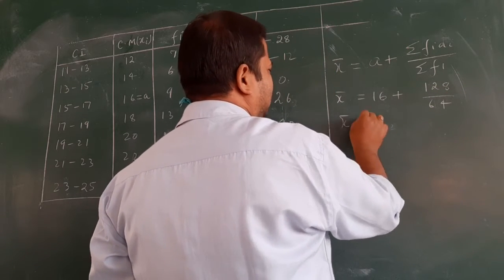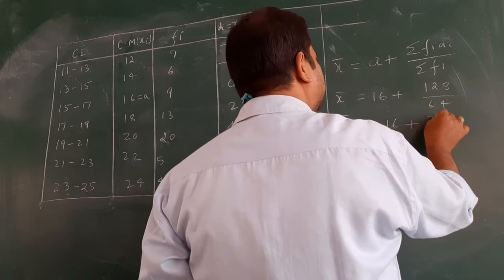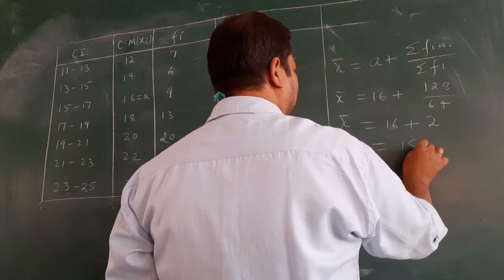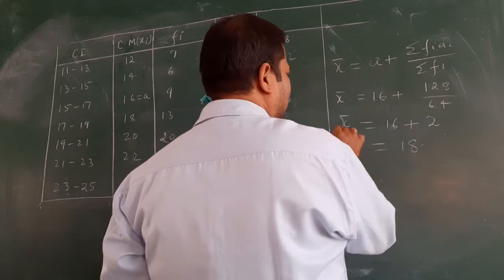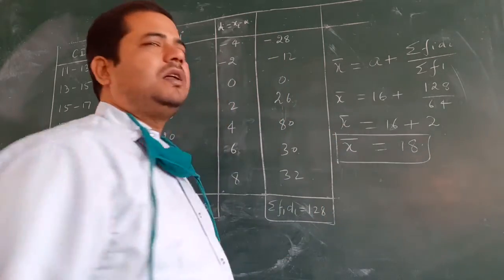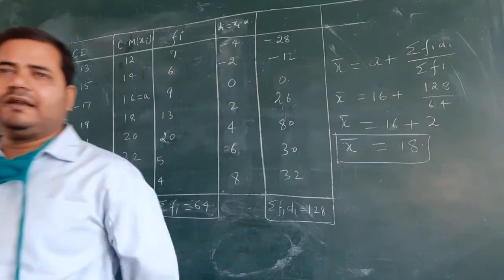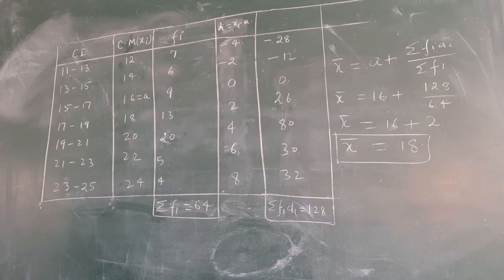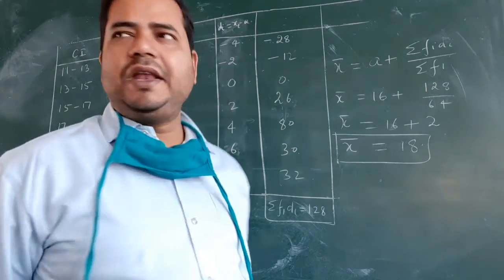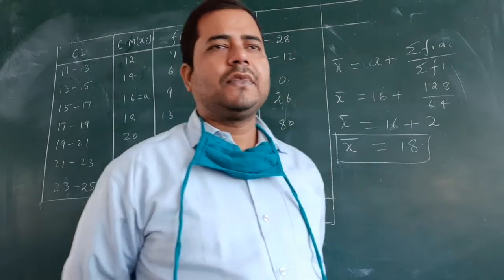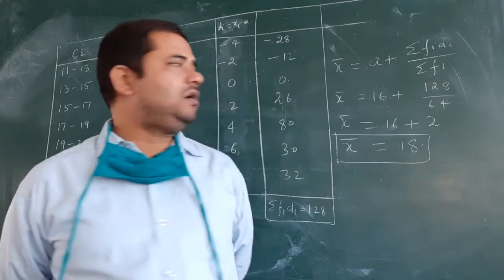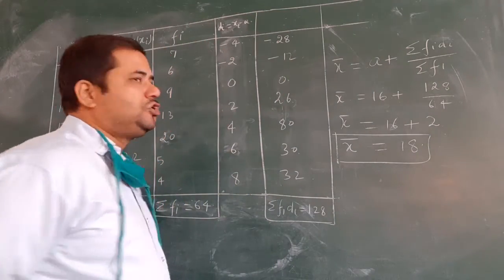So x bar is 16 plus 2, that is 18. And you know the answer? In the question it is given that the mean is 18. Before, when we solved the question, the mean given was 18, right? So this is the assumed mean method.